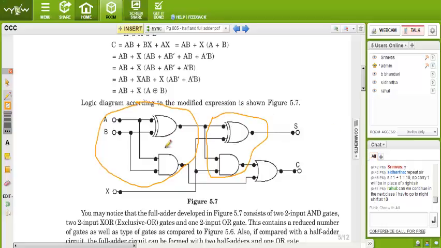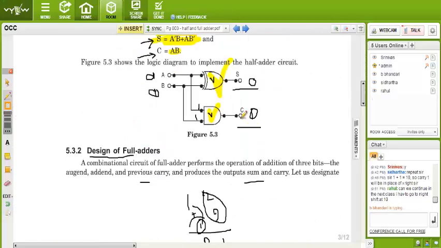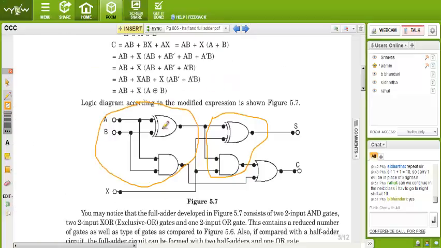This is half adder 1, H1, and this is H2. But we need to add another input, which is a carry. I told you, your full adder circuit should have provision to add 3 bits. The third bit is implemented with an OR gate here, and finally we get the carry. So by combining two half adders, we can get a full adder also.